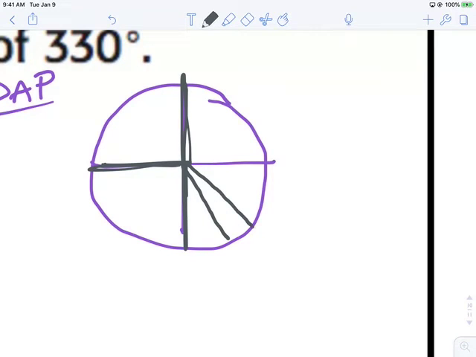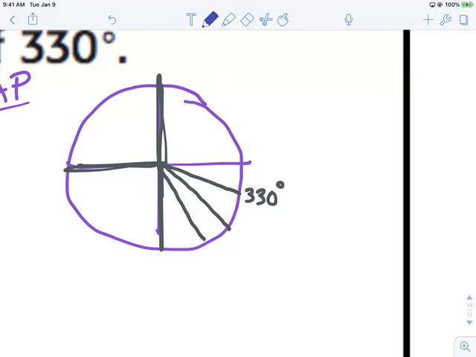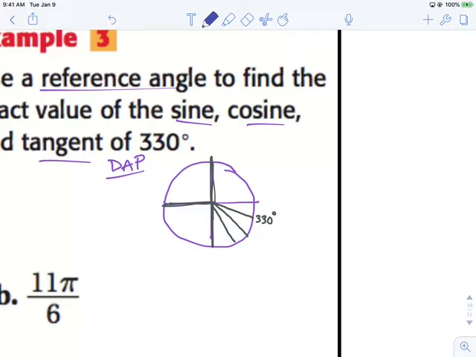This is going to be 315, and this is going to be 315 plus 15, so this is going to be 330 degrees. You could look at your unit circle and easily figure this out, but let's use, like they said, the reference angle.